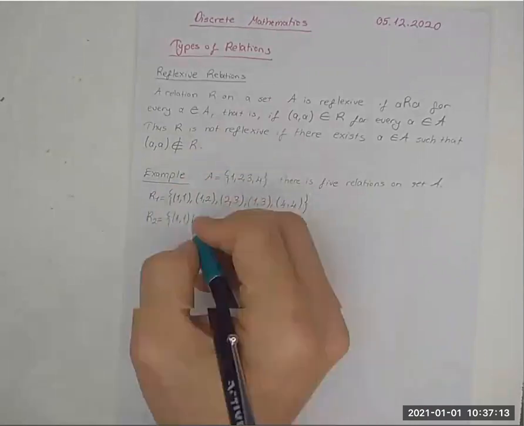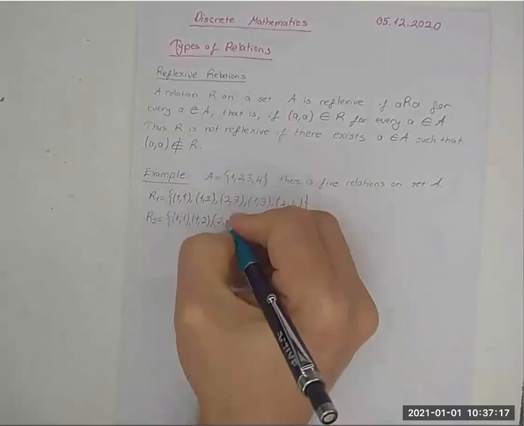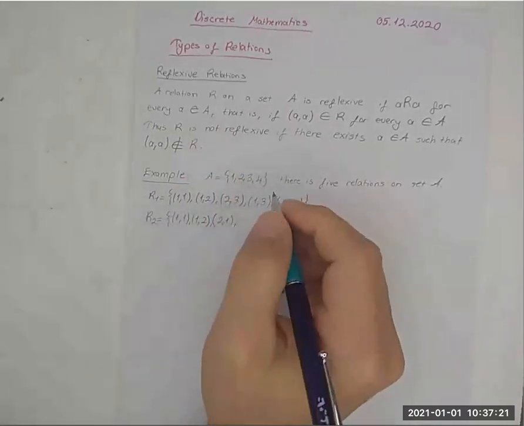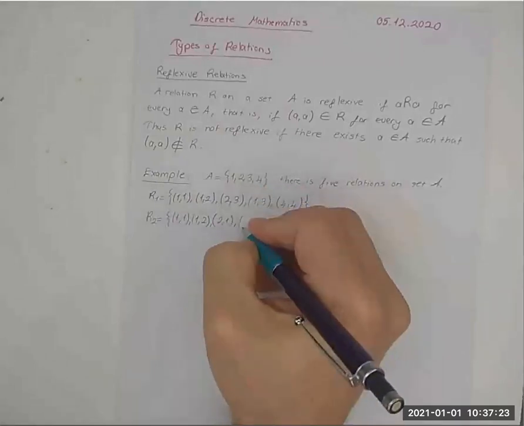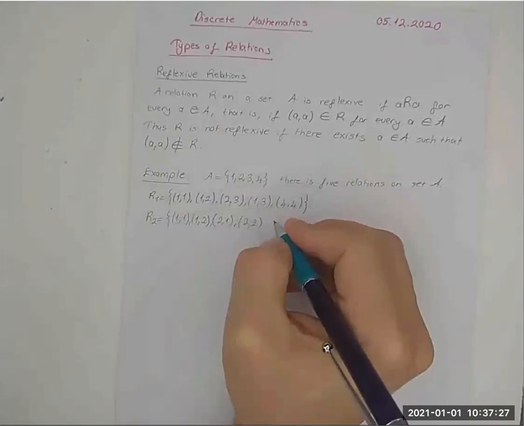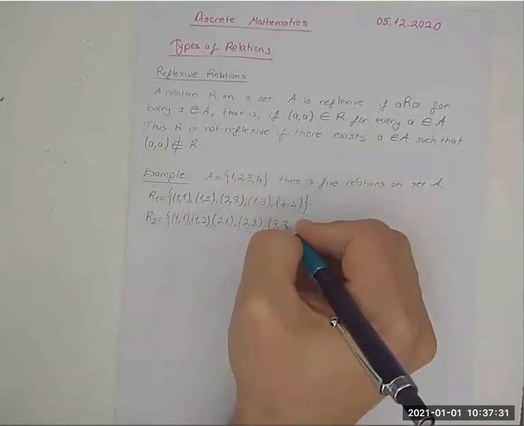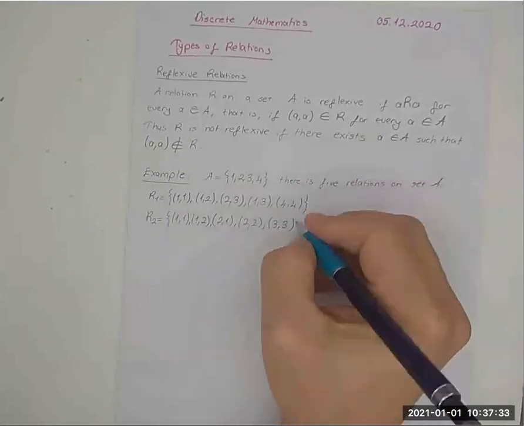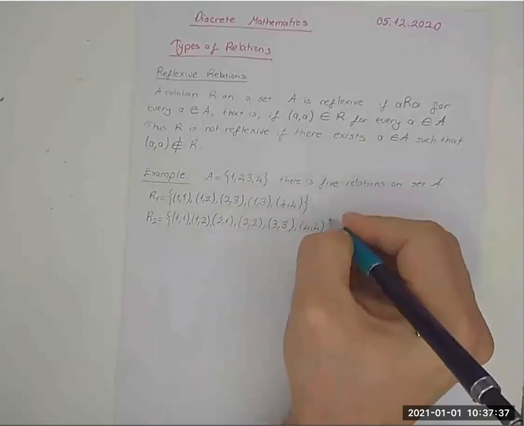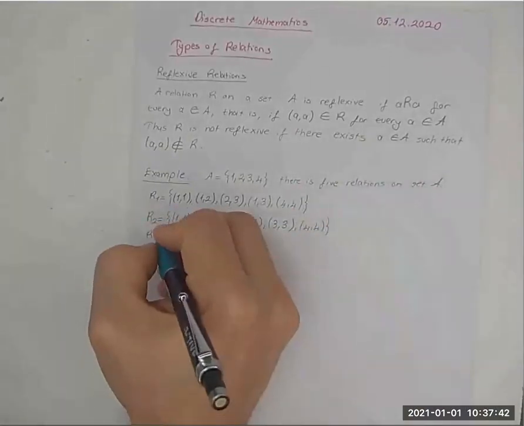R2 is a relation with the pairs (1,1), (1,2), (2,1), (2,2), (3,3), and (4,4).